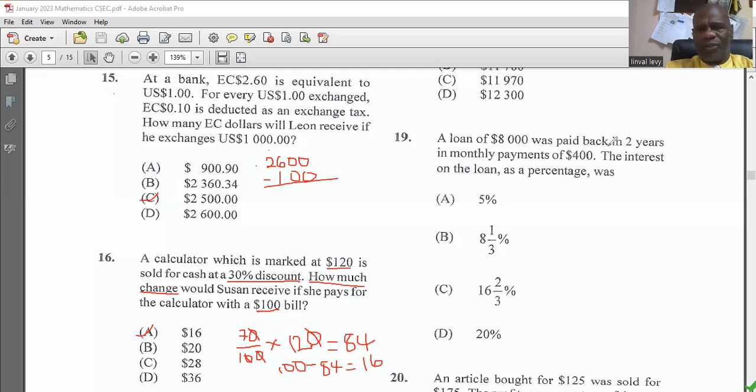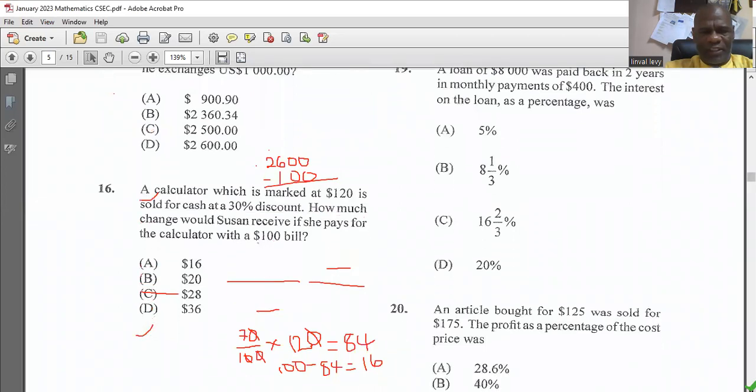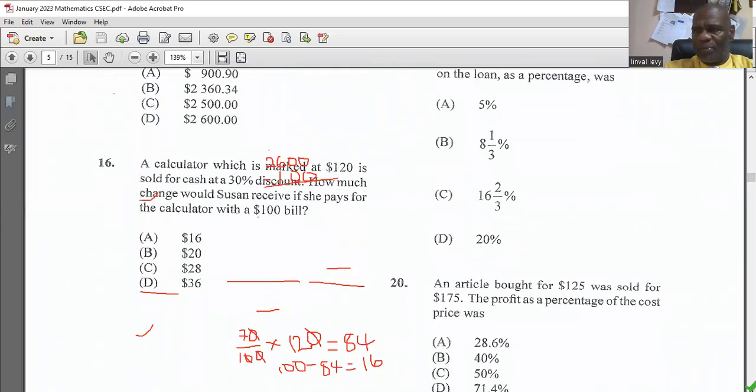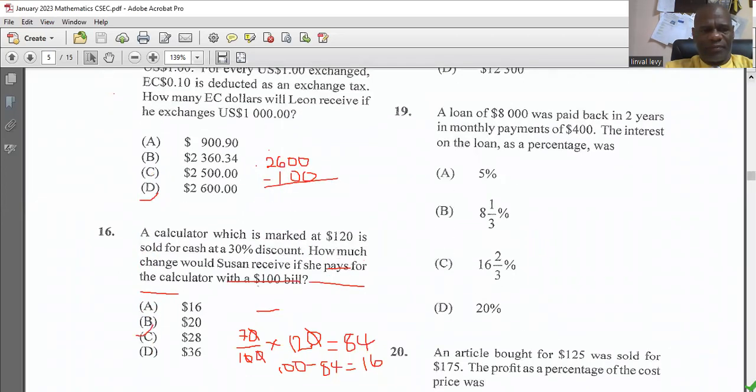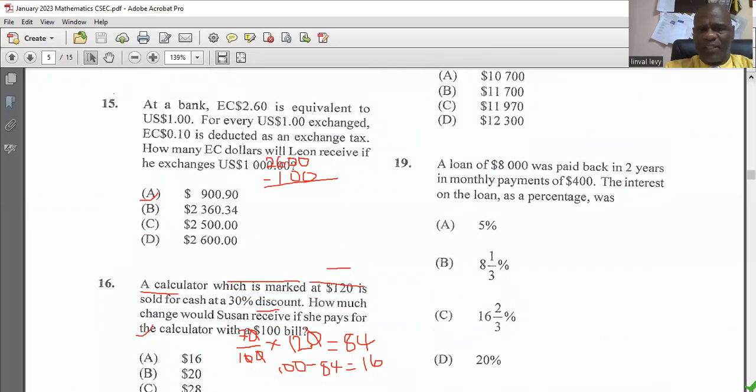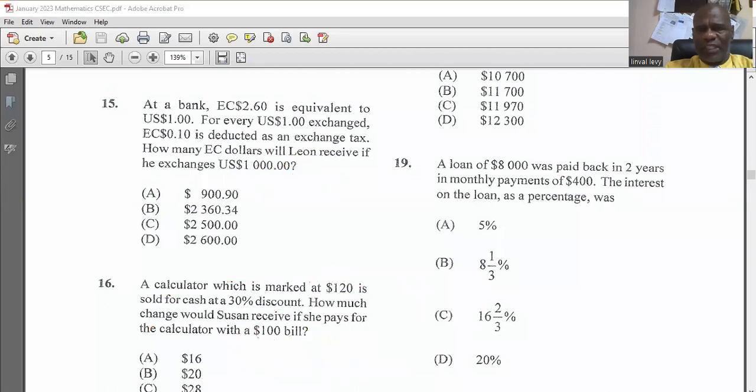All right, now let's go to number 17. Number 17 is at the top. So let me clear those.